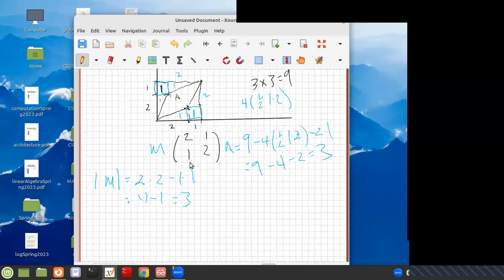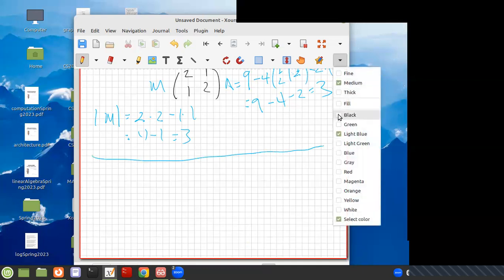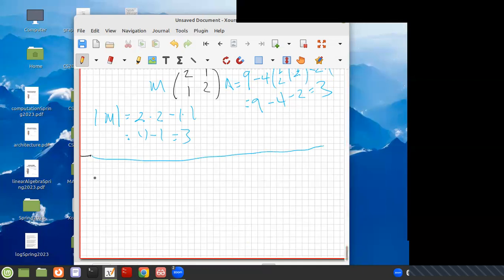Okay, so now you could go through and begin to get formulas for each one. But we have a method for finding, let's say we wanted to find the determinant of 1, 2, 3, 4, 5, 6, 7, 8, 9. What's the determinant of this matrix?